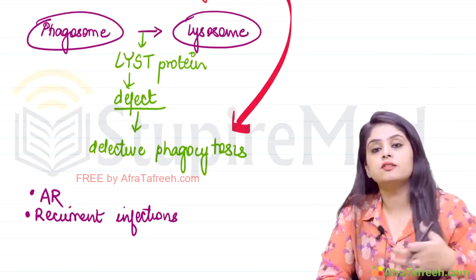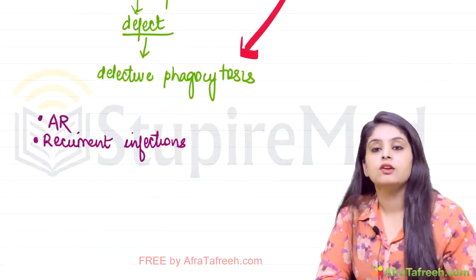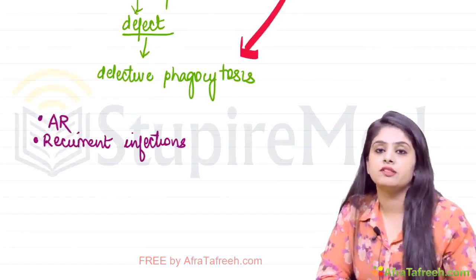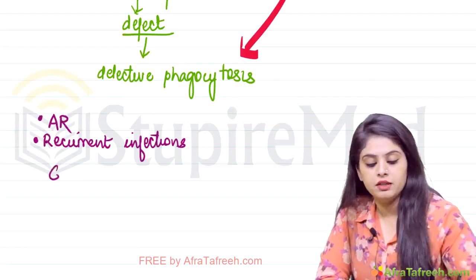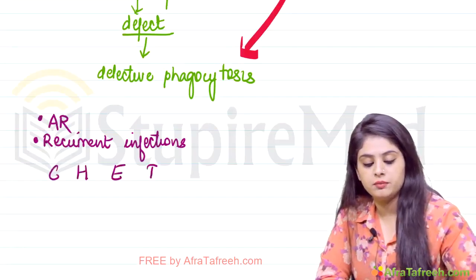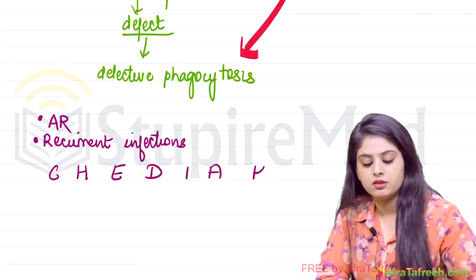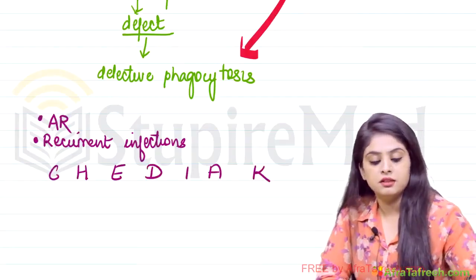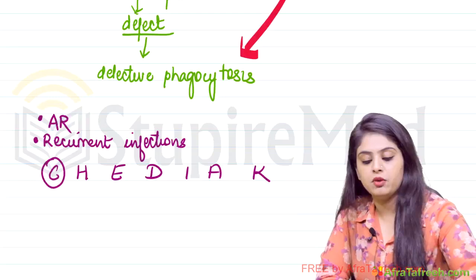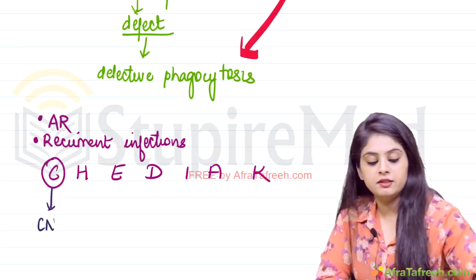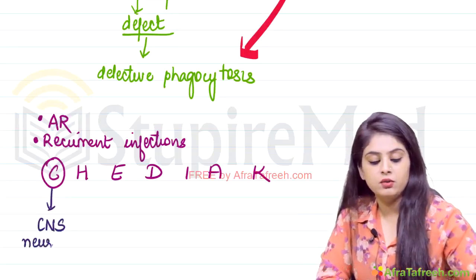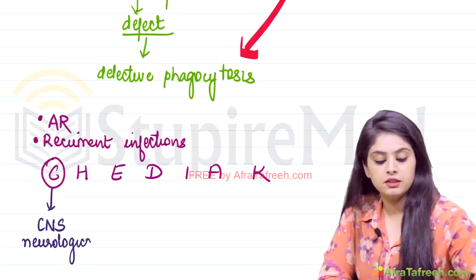So how do we differentiate this from the rest of the diseases? Remember, there are certain catch points that we have over here. If you focus on the term Chediak, C I will take up for CNS. These patients also have neurological deficit.